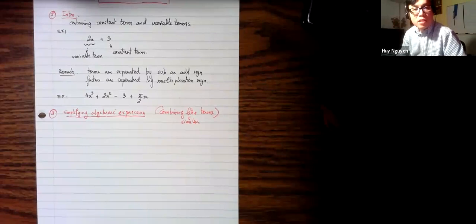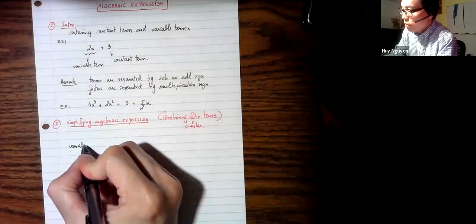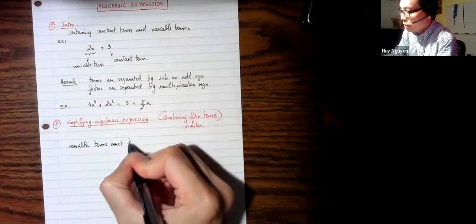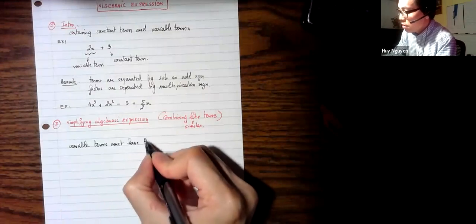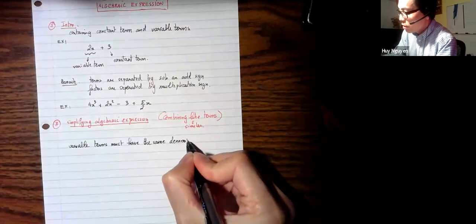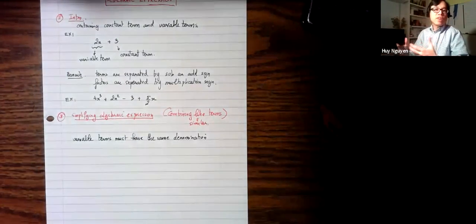When we mean like terms, we mean that variable terms must have the same denomination. If it's a constant term, it will be very easy, right?